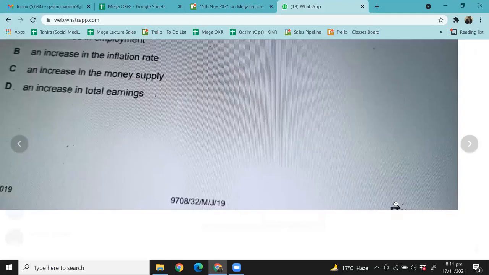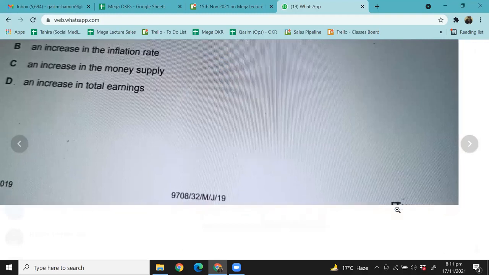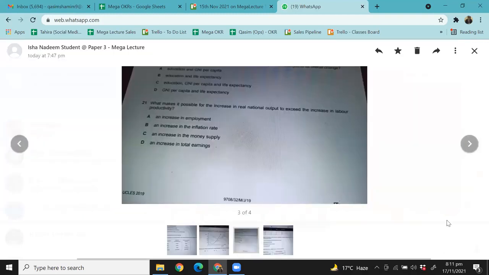Real output means it has been accounted for inflation, right? Now, if the inflation rate is increasing, then what it actually means is that your real output will decrease. Are you getting me?